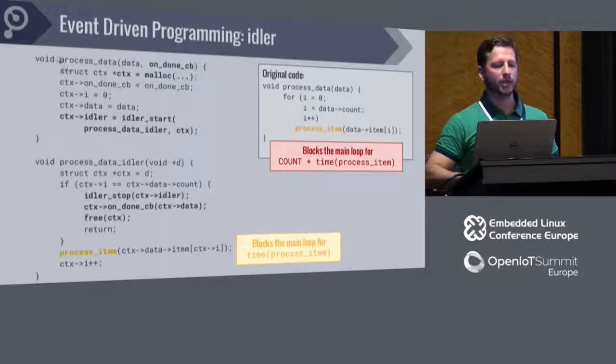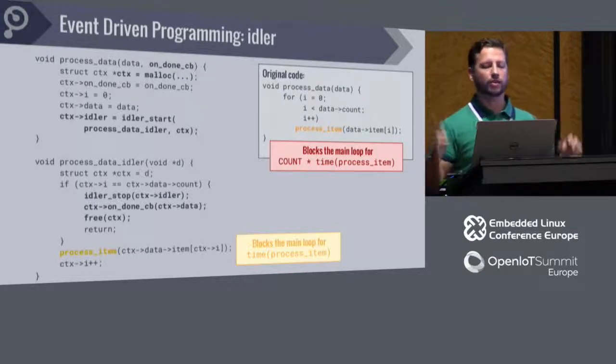So you make the original function just a starter where you register the process data idler to be executed when nothing else is being executed. It's like a background task, okay? And when it executes, you have the context and you call the actual function, that is the yellow one, the process item.